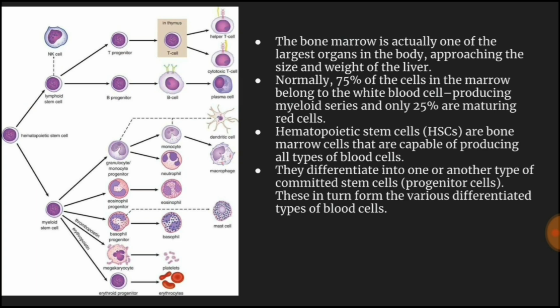Normally 75% of the cells in the marrow are of the white blood cell, myeloid series, and the other 25% comprises the red blood cells.